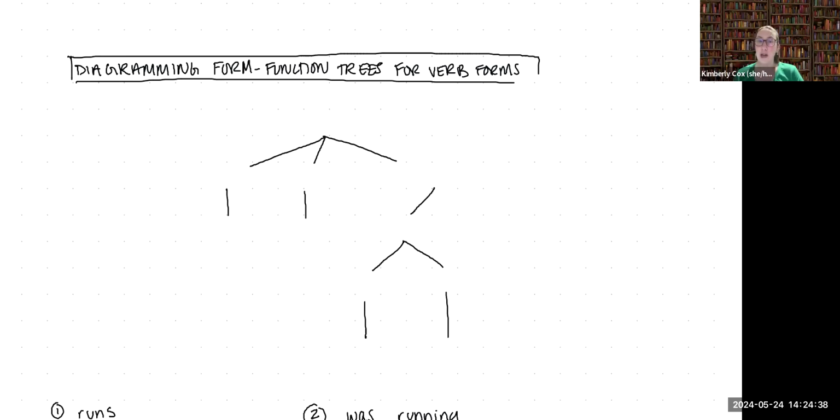So when we're diagramming form function trees for verb forms, we are going to be looking at what's called an inflection phrase, right? And this is necessary because it means that the verb has tense and subject verb agreement.